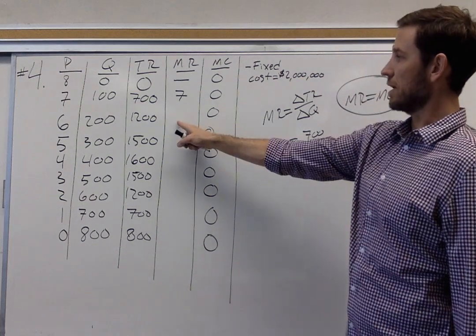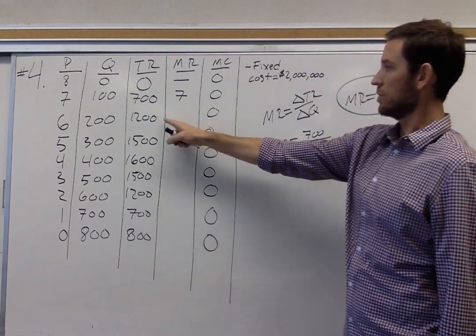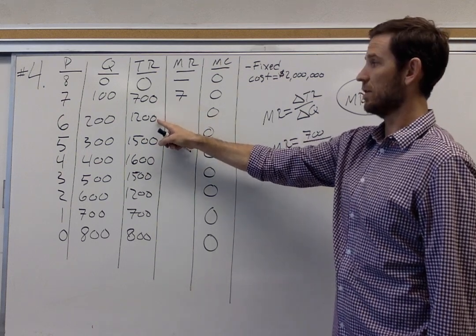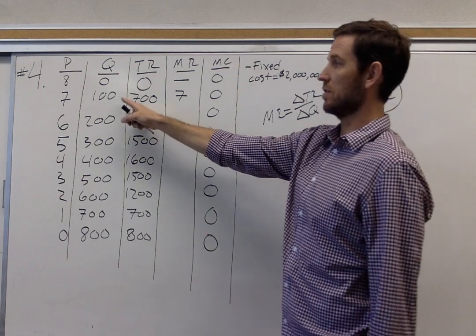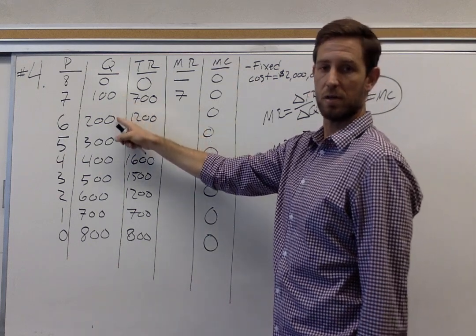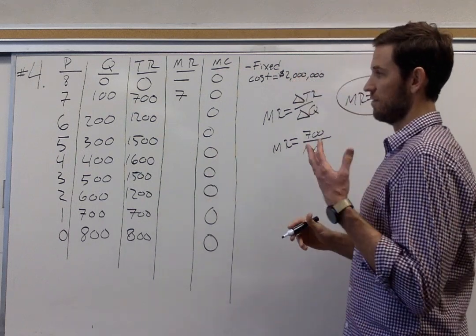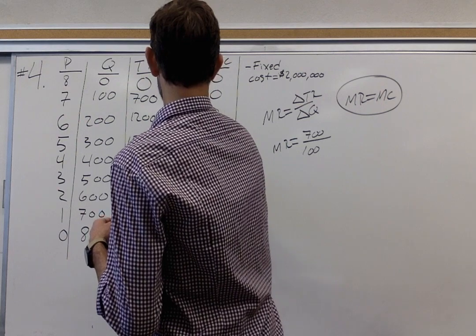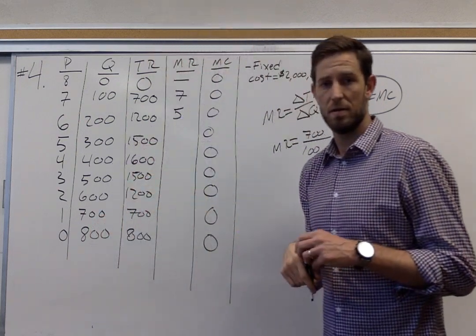So then going to our next one, you get $500 more of revenue, going from 700 to 1200. And that's associated with selling 100 more units as you go from selling 100 crossings to 200 crossings. So we have 500 divided by 100 for a marginal revenue of 5.